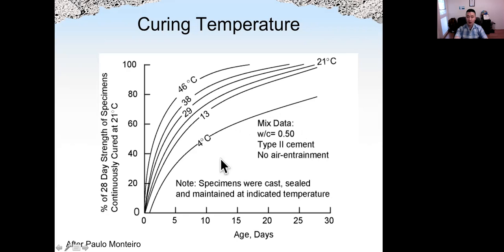But later on, the concrete cured at lower temperature will catch up. Actually, concrete cured at 40 degrees Celsius will achieve the highest possible strength because the hydration product will grow slowly. We have more homogeneous hydration product, and the chance the concrete has a certain flaw will be lower.